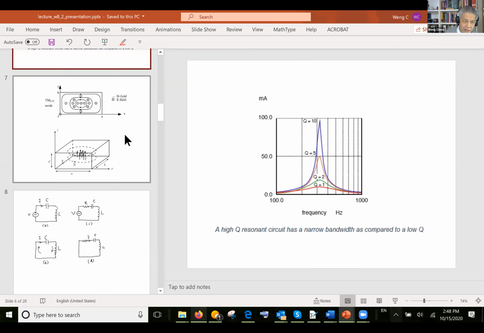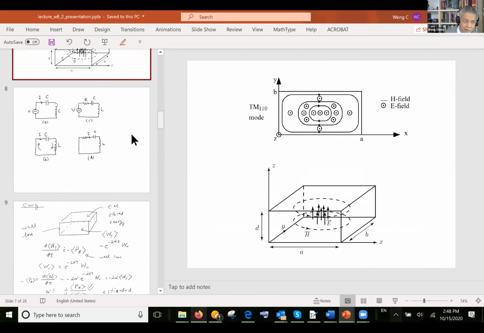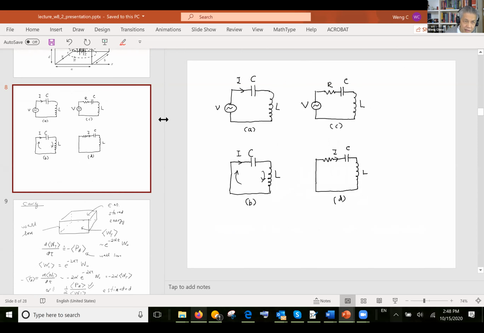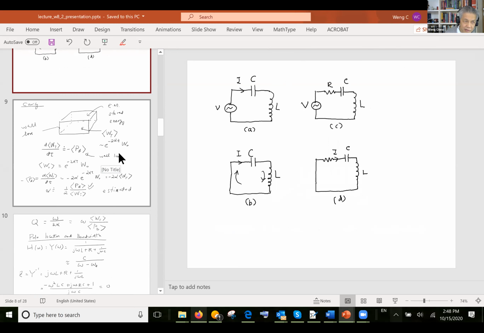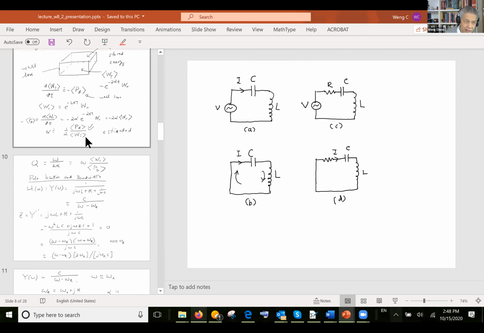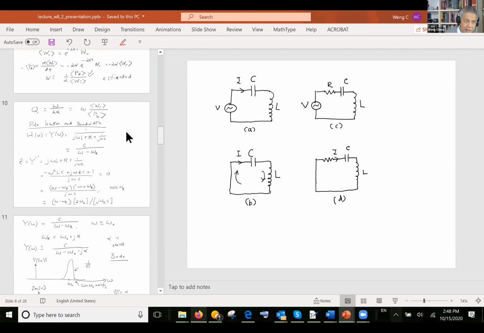You can also use this concept to define the Q for a cavity, and hence you can also relate by energy conservation. The decay factor of a cavity is proportional to wall loss divided by the total energy storage. Because of this very nice formula, we have a handle on how to find the decay factor alpha.